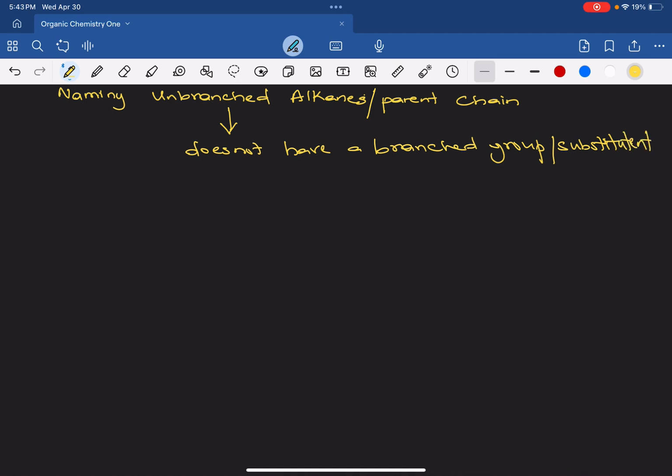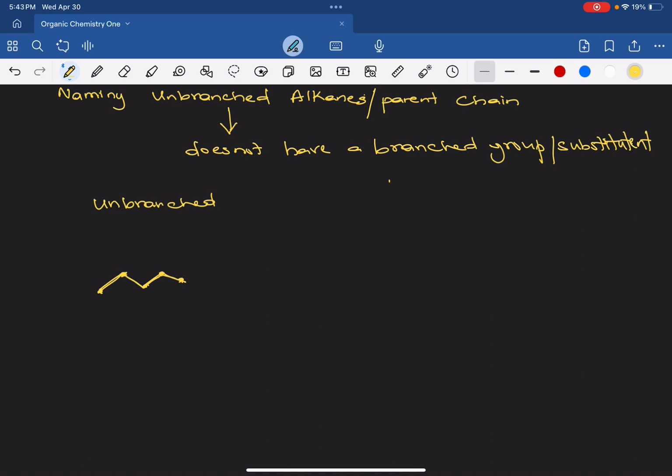So let's look at an example real quick between an unbranched and a branched alkane. So an unbranched alkane, an example is, right, that's just one, two, three, four, 5 carbons in a long chain.